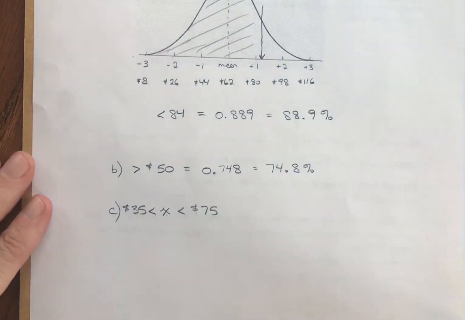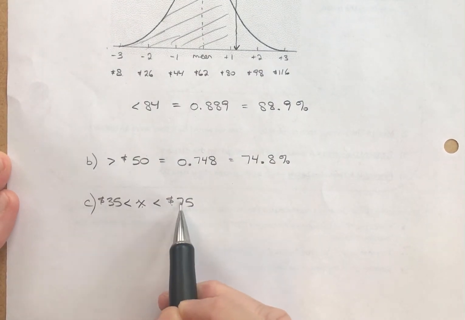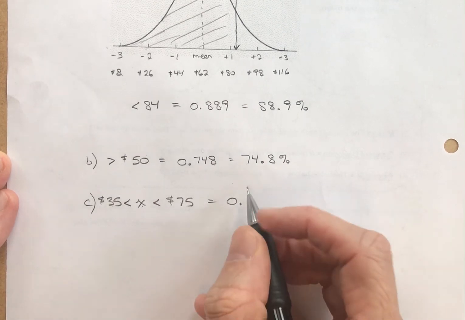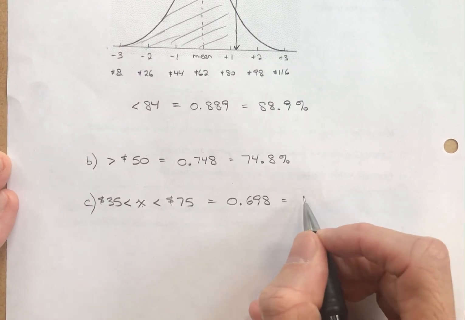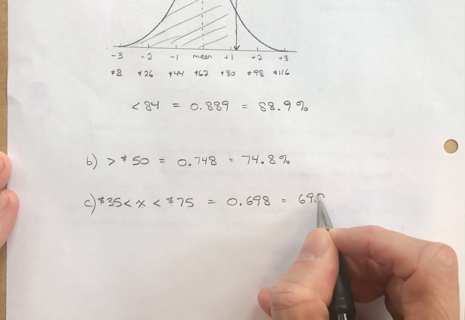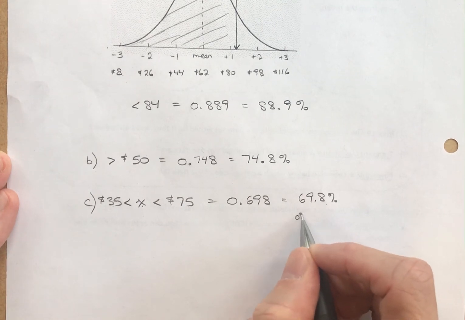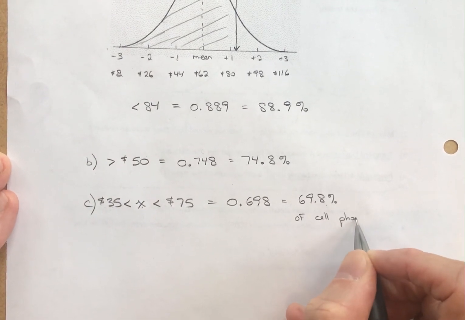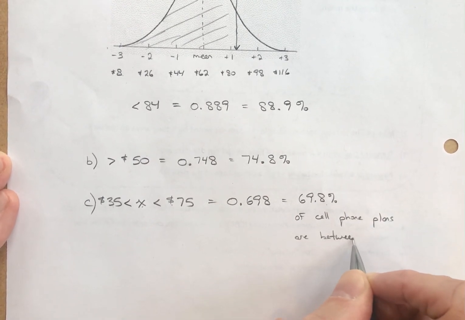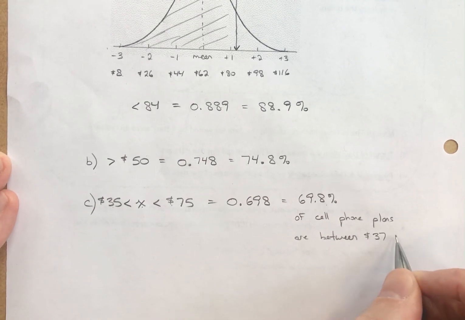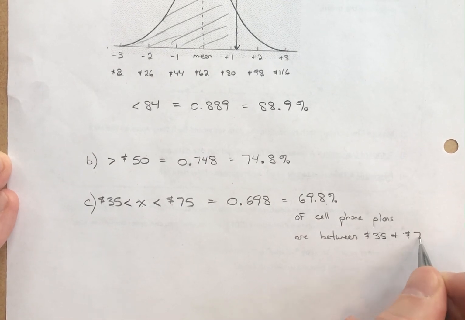Okay, so back to here. Okay, between $35 and $75, Desmos came up with 0.698, rounded to the thousandth, which of course tells us that we have 69.8% of cell phone plans are between $35, whoops, not 37, $35 and $75.